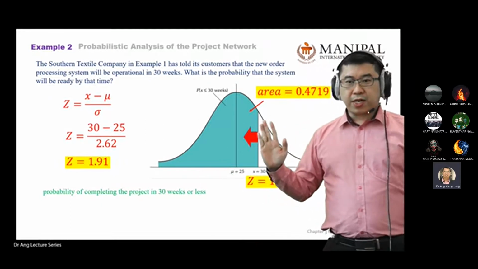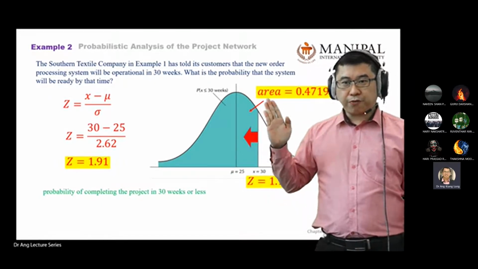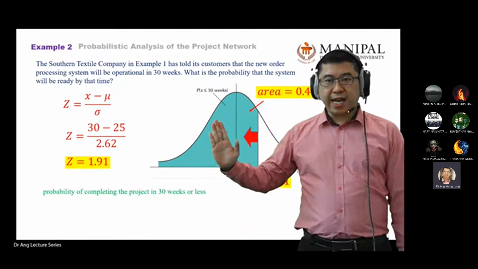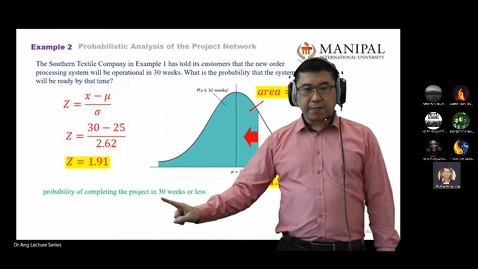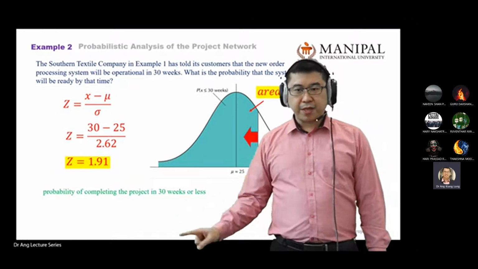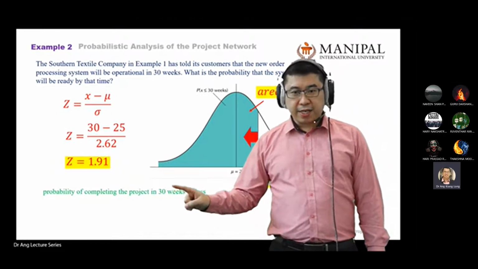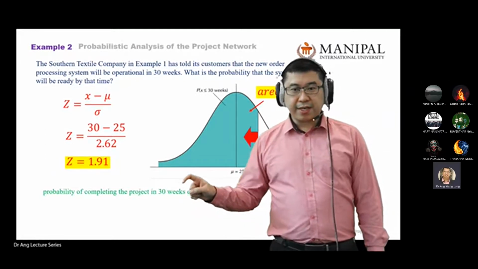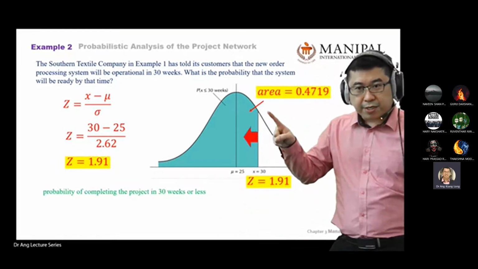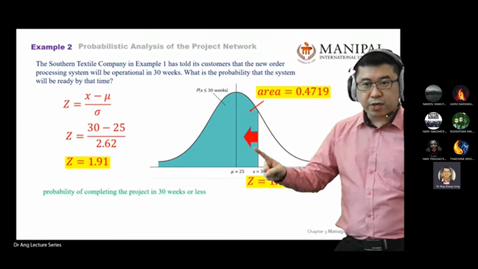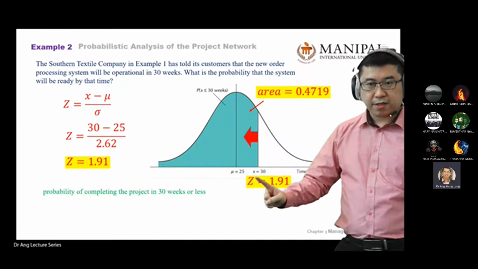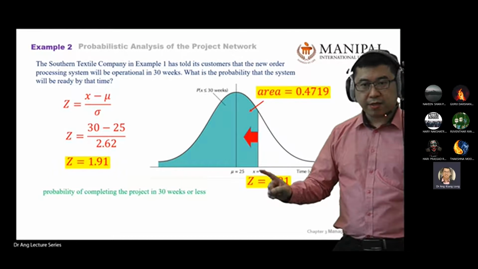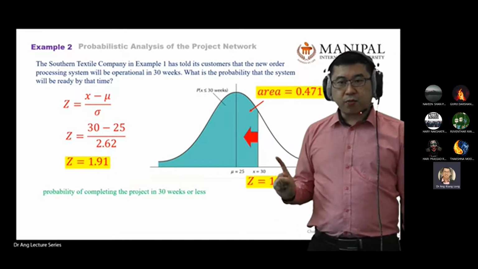Means 30 weeks or less, you put your finger on the line here. The region to the left of the line meets this requirement. Okay, for the cases that it is less than the target time, because this line tells you it is 30 weeks. This line on the graph tells you it is 30 weeks. Okay, you already calculated with the Z value.